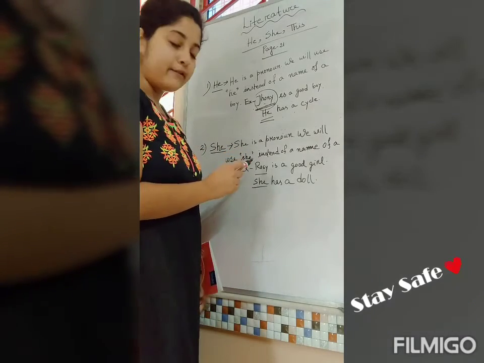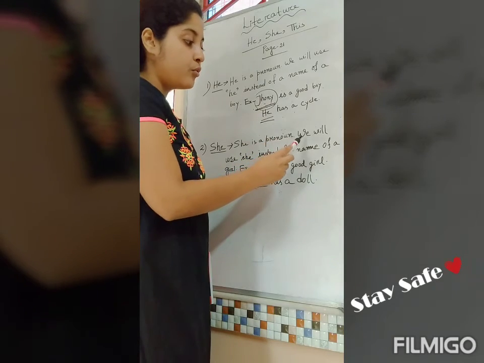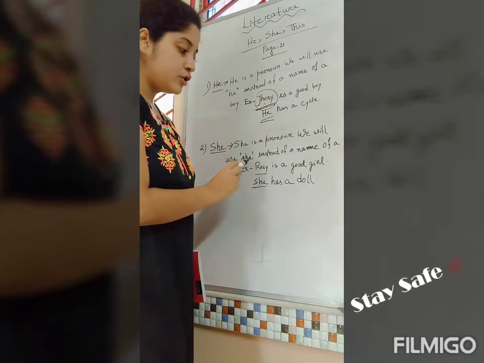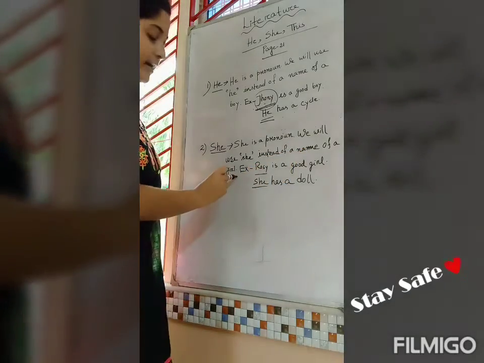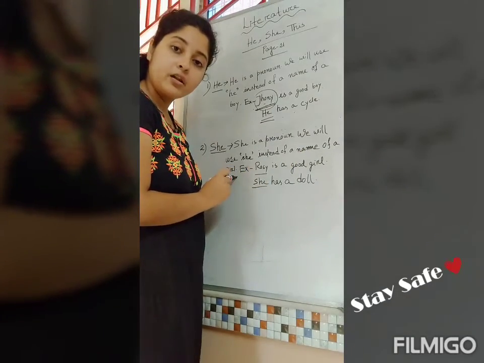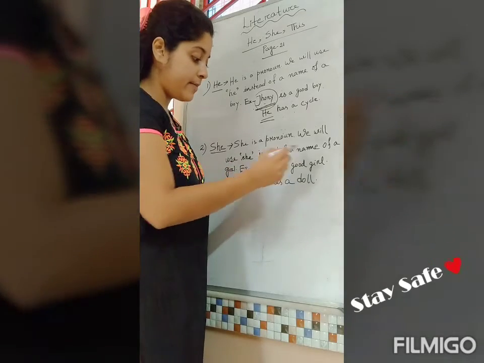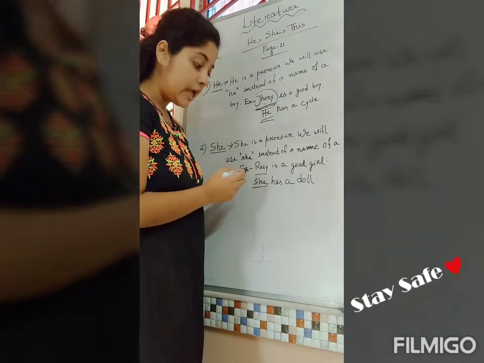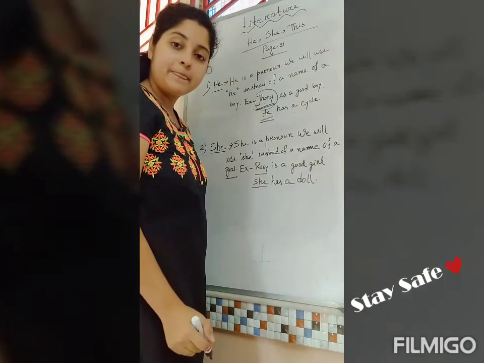Look at the board carefully. She is a pronoun. We will use she instead of the name of a girl. Understand? Example, Rosie is a good girl.